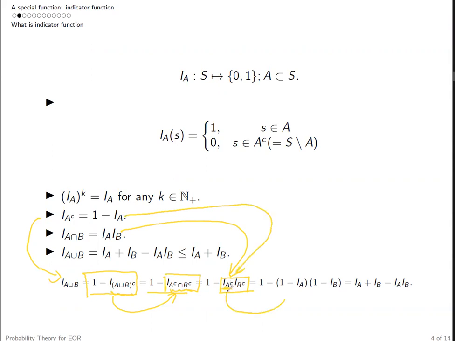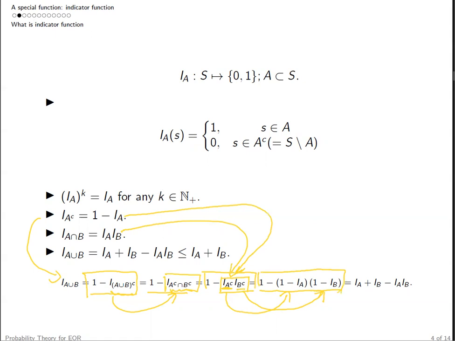We know I_{A^c} can be written as 1 minus IA. If we apply the same thing to I_{B^c}, we know it can be written down as 1 minus IB. Again, on both sides, they are the same function.